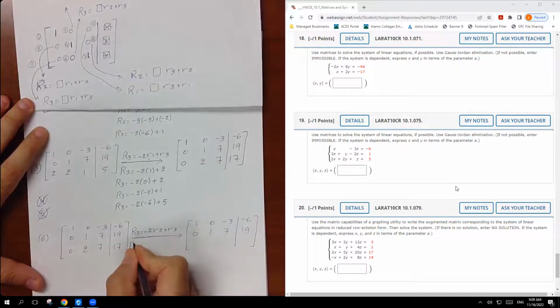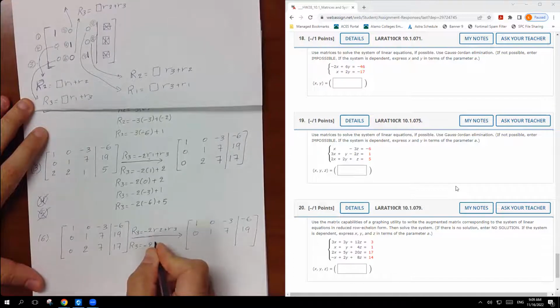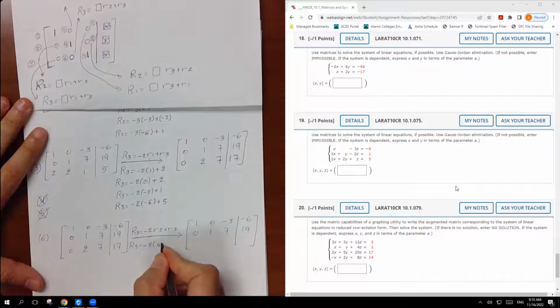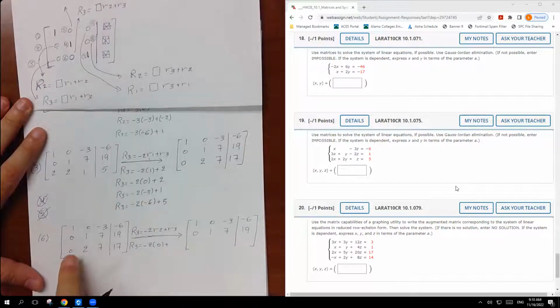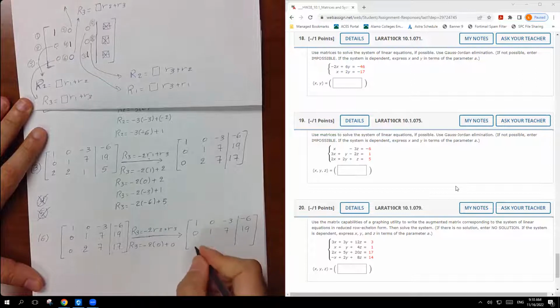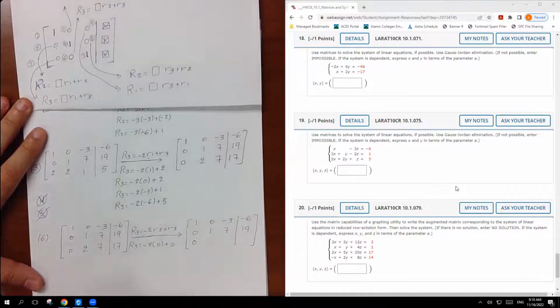So the first element is going to be -2 times R2, which is 0, plus R3, which is 0. So -2 times 0 is going to be 0. 0 plus 0, this one is still 0.